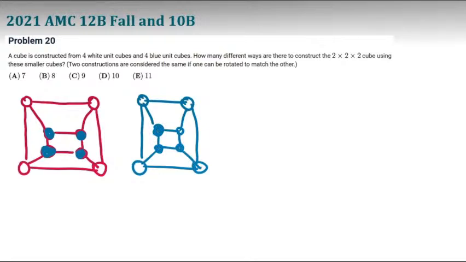Now, the next one is not here because we calculated it in the previous part. So, next one can be here, here, here, and okay, the fourth one can be here, here, here, and here. And you can see they can't be rotated to match the other.